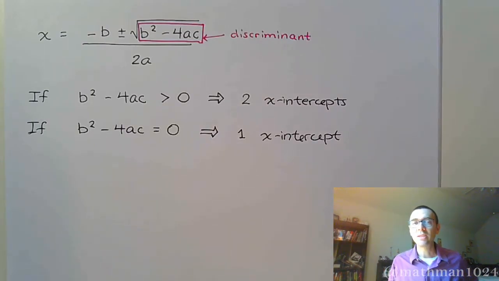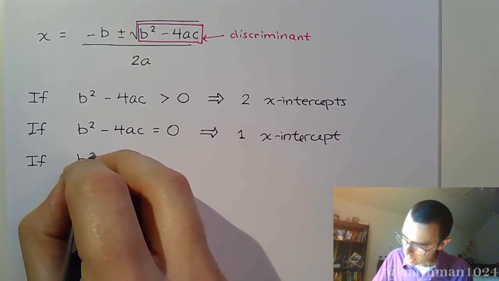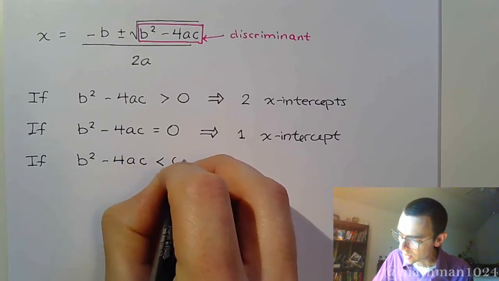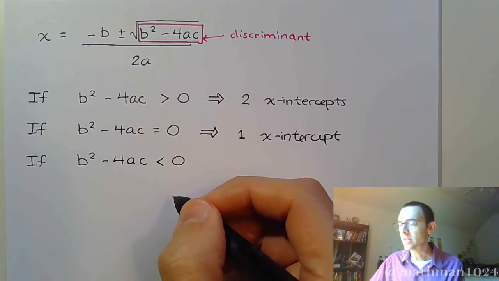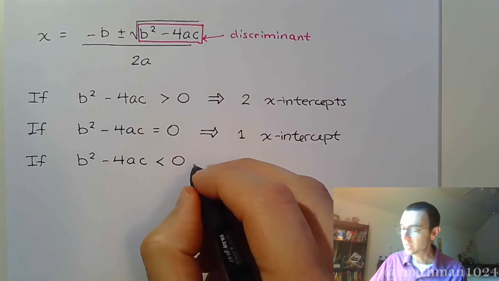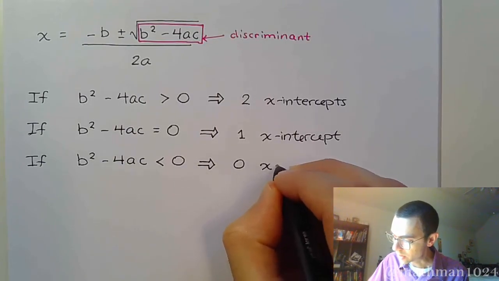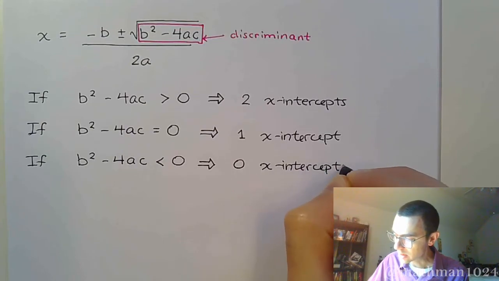Interestingly enough, that one x-intercept is also going to be the vertex for the parabola. But if the discriminant is something less than 0, and we've seen this with the last couple of examples we've done, that means it's negative, and we end up with 0 x-intercepts.